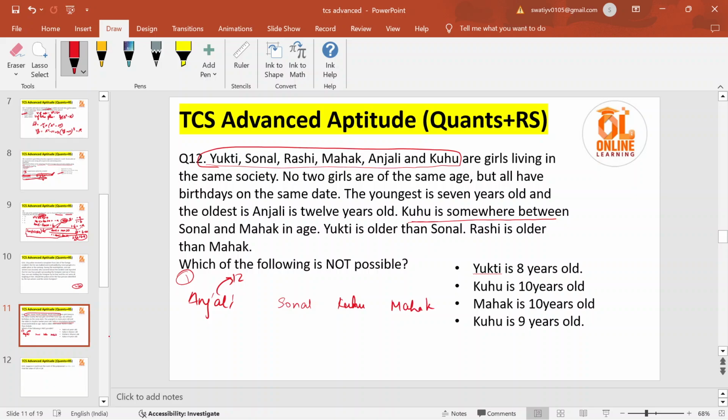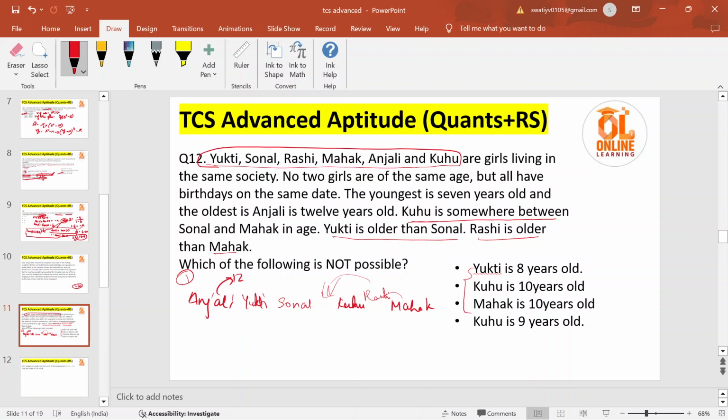Now what they are saying, Yukti is older than Sonal. That means Yukti must be here, and Rashi is older than Mehak. Then Rashi can be here also, or Rashi can be here also. Rashi can be anywhere.